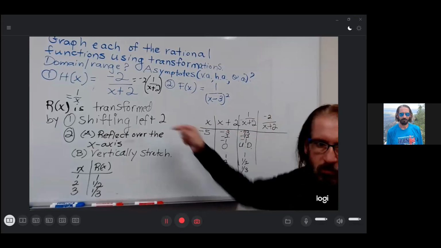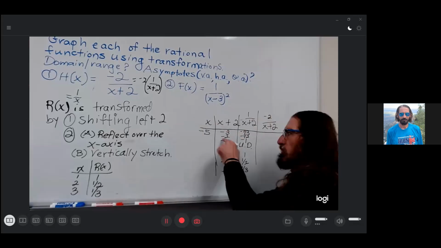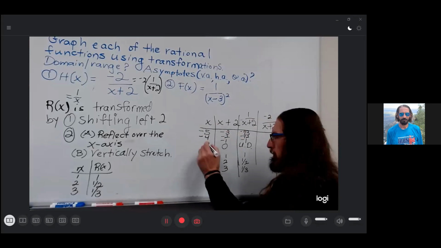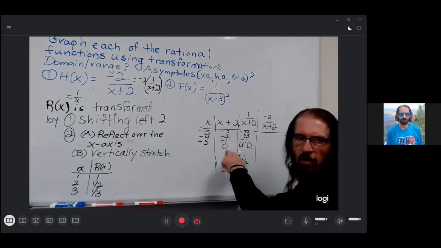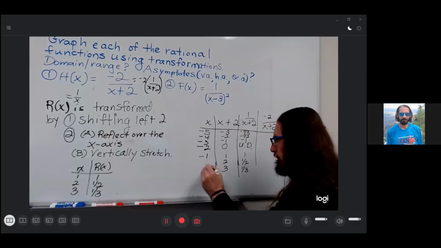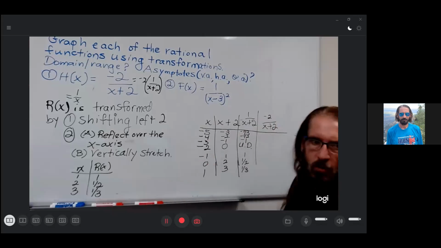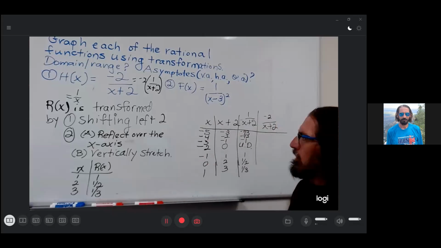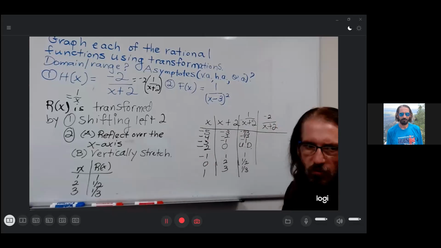Left 2 units. So do the same here and here. And even though we're going to get something undefined here, here, here, and here, those are the x coordinates of the points we'll plot.